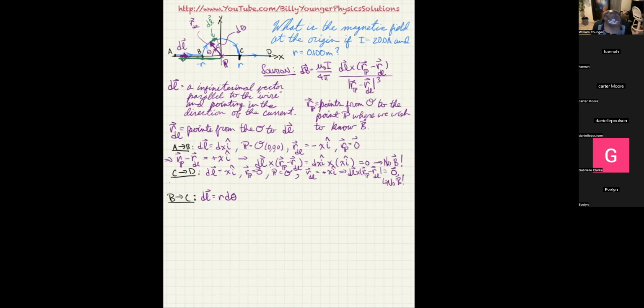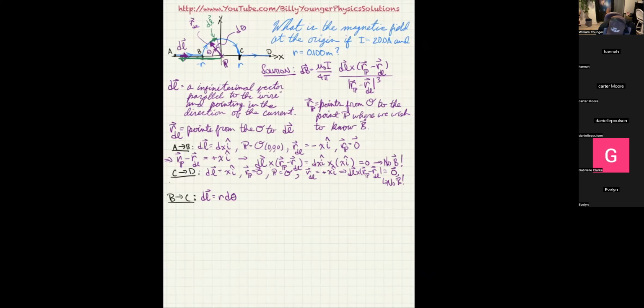Instead of the angle being theta, the angle is a differential angle, d theta. Therefore, the arc length is R times d theta. And since these are infinitesimals, the arc length and the chord length are essentially the same.